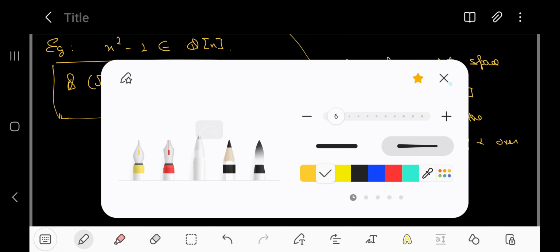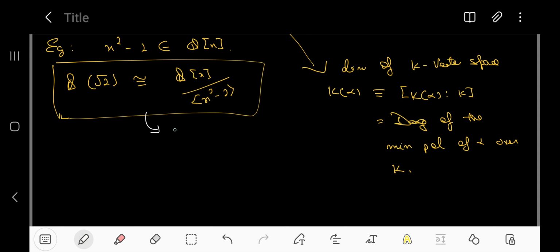If I extend this to the example, the degree of the vector space Q(root 2) over Q is 2, because the degree of x square minus 2 is 2, and it is the minimal polynomial of root 2 over Q. Clear?